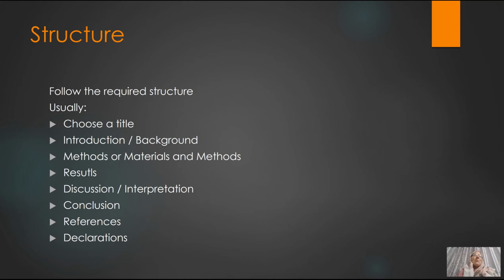The methods or materials and methods section, and again the name of it depends on the journal. The results, and in some journals it will be called findings. The discussion or interpretation, conclusion, reference, and declarations. We'll go through all of these parts of the structure of your paper.